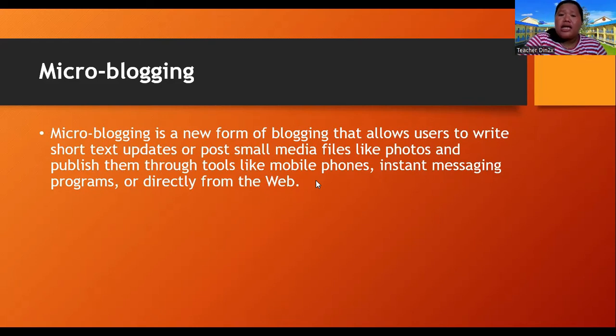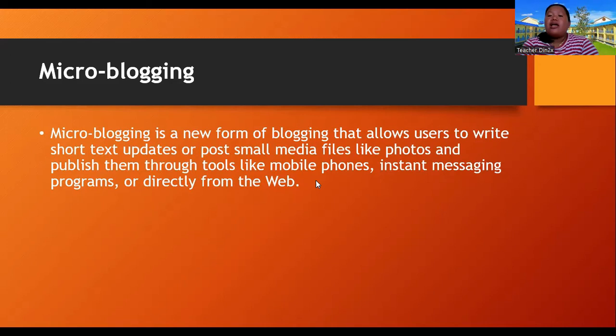So microblogging has a lot of users. You can use it to instantly know what your friends are up to or what they're thinking. You can use it to update your friends about activities or promote something.